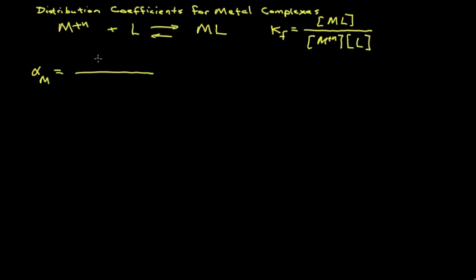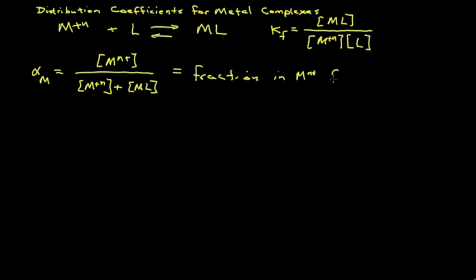So that's the concentration of the unbound metal compared to all of the species containing the metal. So this is the fraction in the free metal form, Mn+ form.